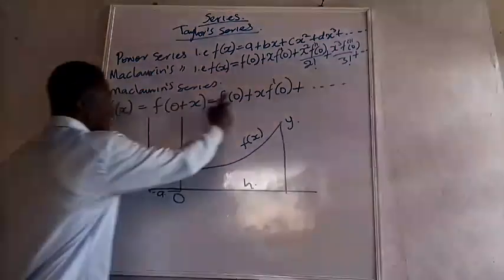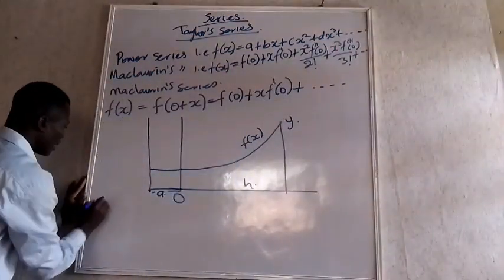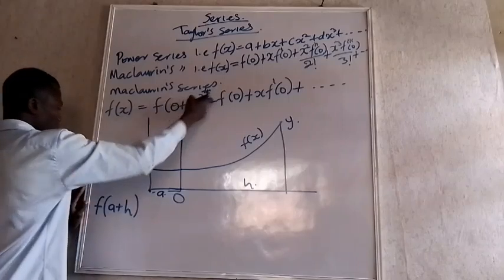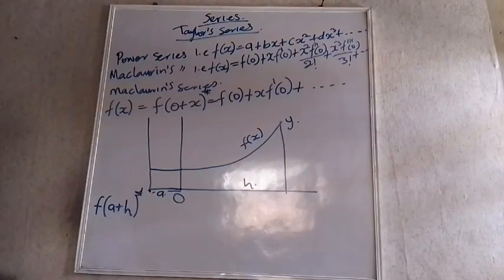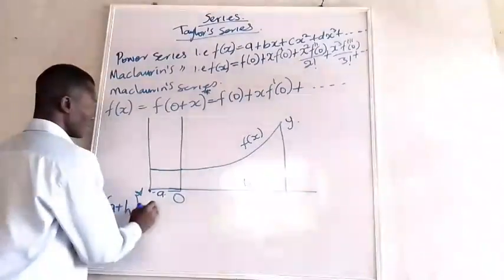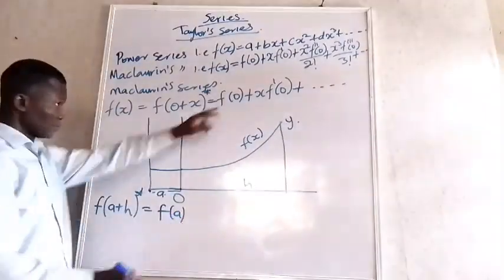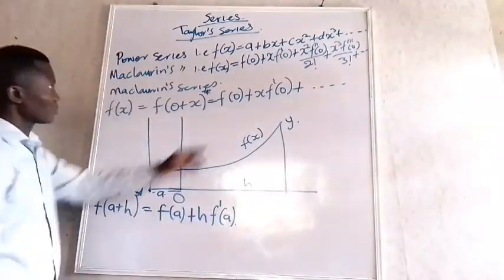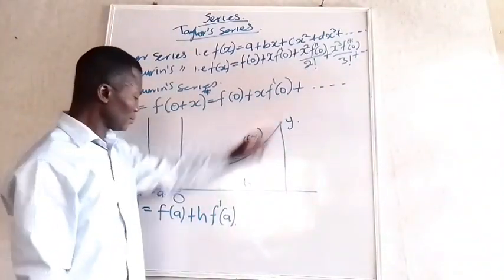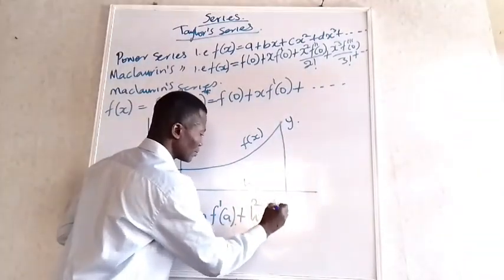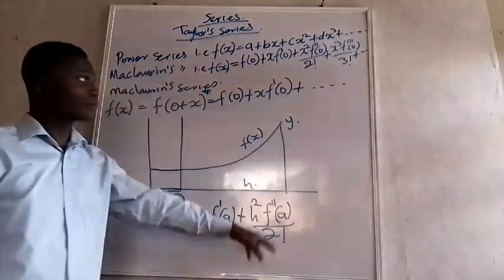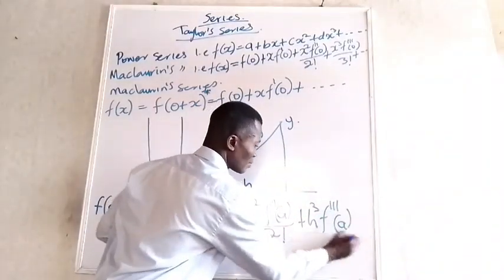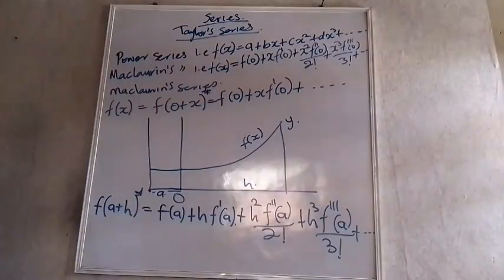So if we follow this, we can now say that f of a plus h is going to give me f of a plus h times the first differential of a, plus h squared over 2 factorial times the second differential, plus h cubed over 3 factorial times the third differential, plus, you can see, that's what it will be like.